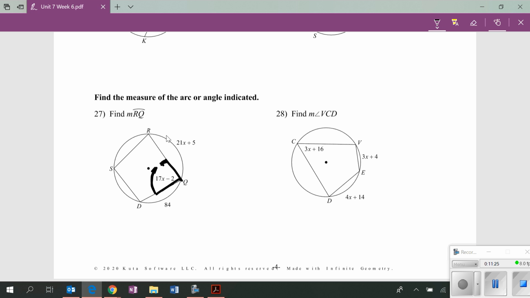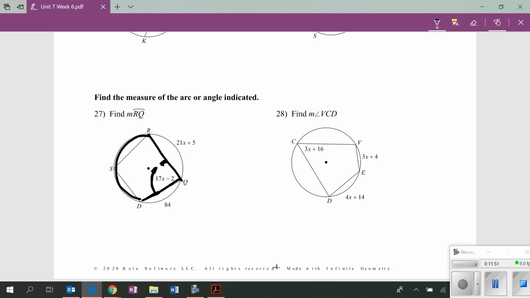So that's looking like a minor arc because I'm not going through the other parts of my circle. So I'm going to be looking for the measurement here, R to Q. And in order to find that, I notice that here my inscribed angle of 17x minus 2 is facing this part of the arc here.